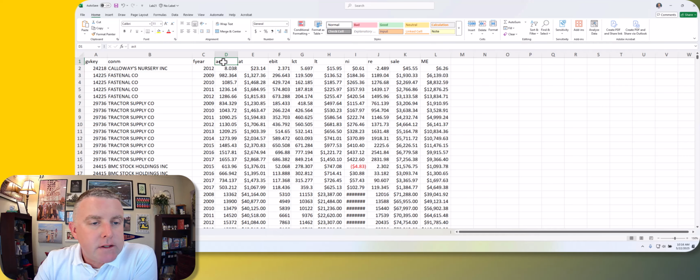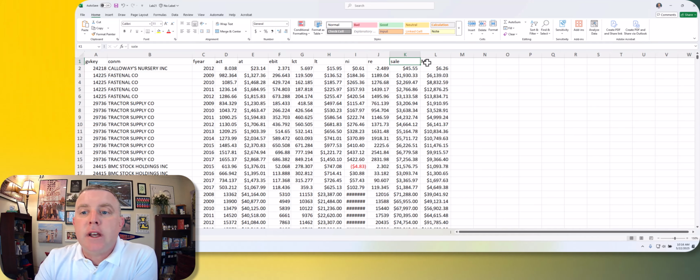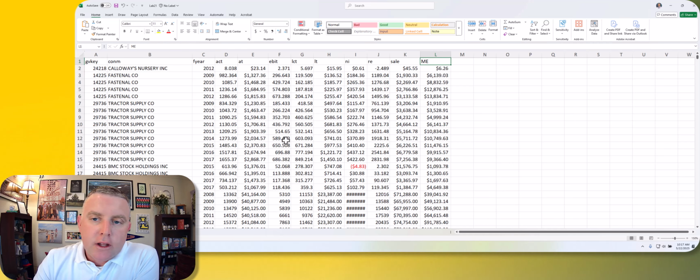ACT stands for current assets in the Compustat data, which is our data source. AT is total assets. EBIT is earnings before interest and tax. We have short-term liabilities, long-term liabilities, net income, retained earnings, sales, and I believe ME is the market value of equity. Our job here is to take this data and create the Altman z-score.